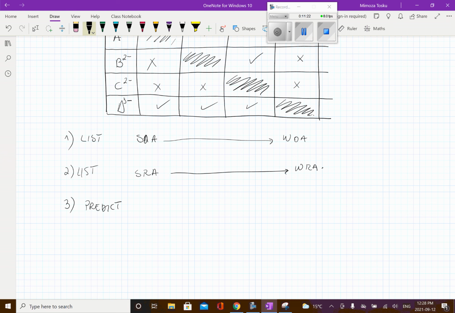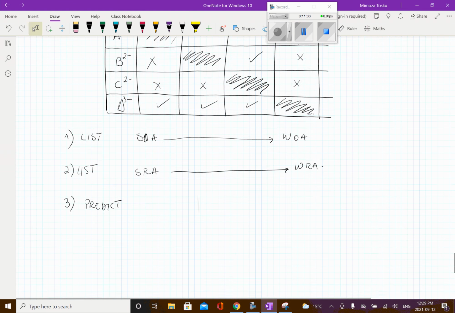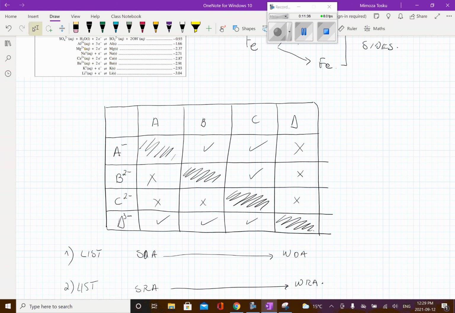Let's say that you have A and D happening. Okay, predict a certain reaction. So the very first thing that we have to do is identify which ones are reducing agents and which ones are oxidation agents. When we see those ions here, based on either LEO or OIL RIG, LEO the lion and OIL RIG, we can say that those are reducing agents.